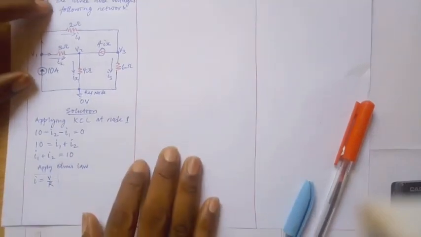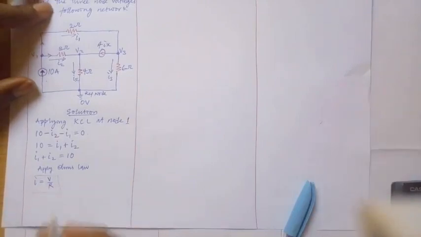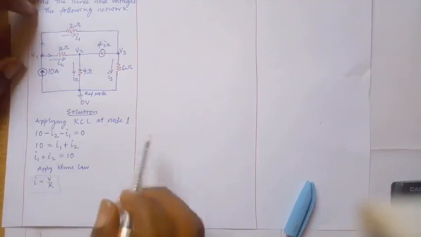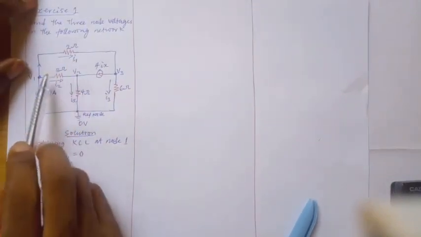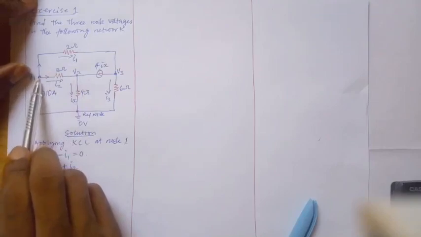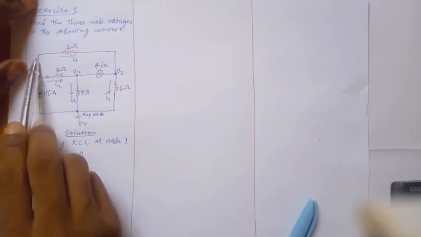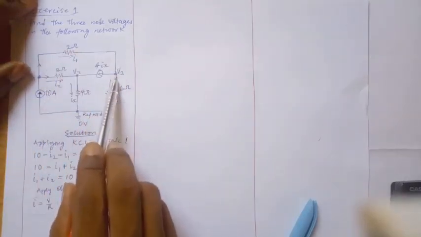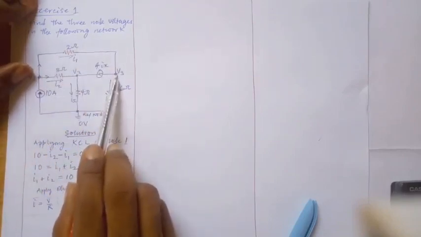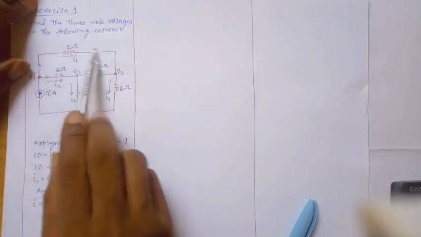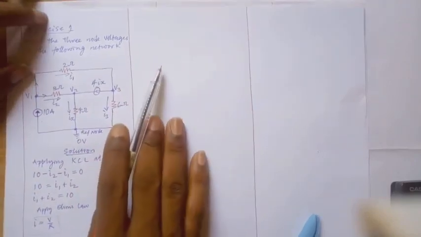We can use this one to decode everything, okay? So, since we've gotten I equal to V over R, this I1, where is I1? This is our I1. You know, I1 is between two nodes, that is this V1 and V3.